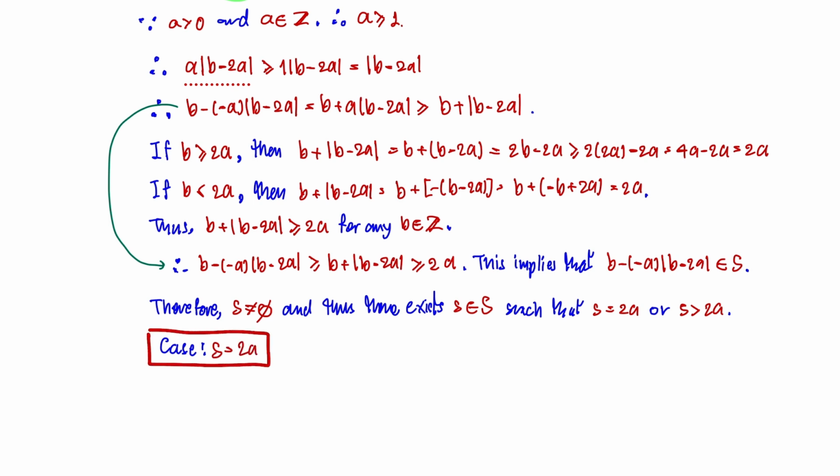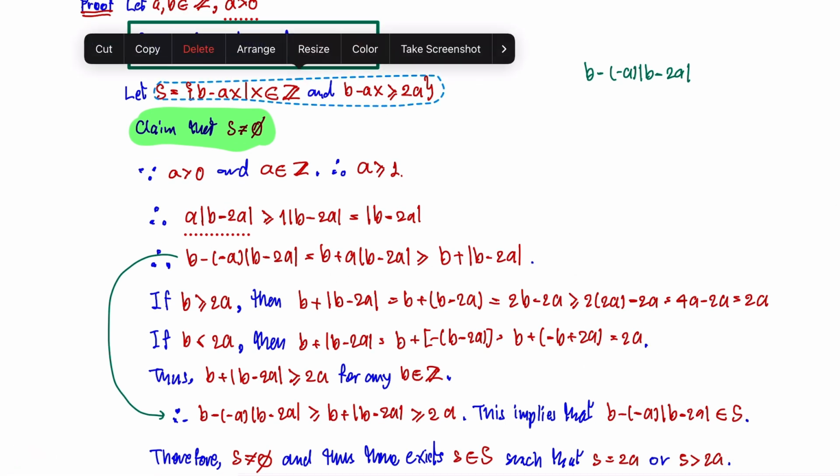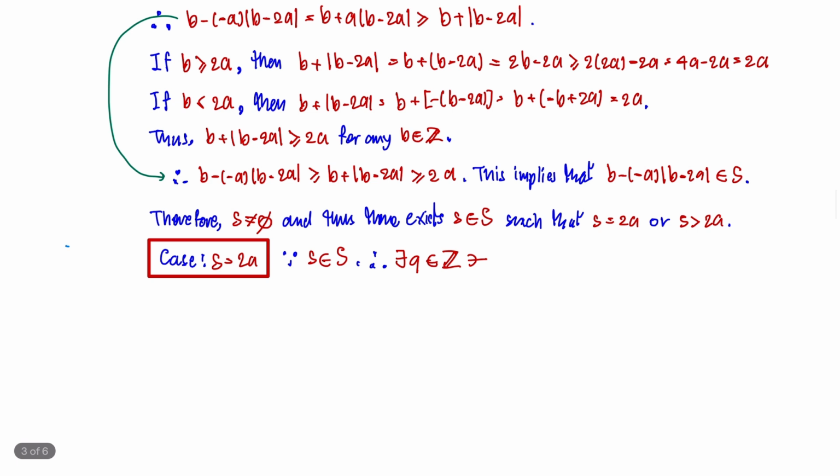What happens in this case? We know that s is in set S, so there exists an element q, an integer, such that, do not forget that we have this set S right here, let me copy it here, such that s equals b minus aq.